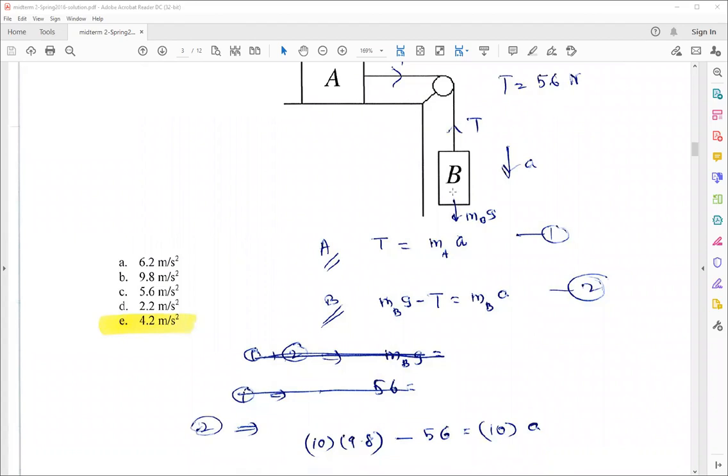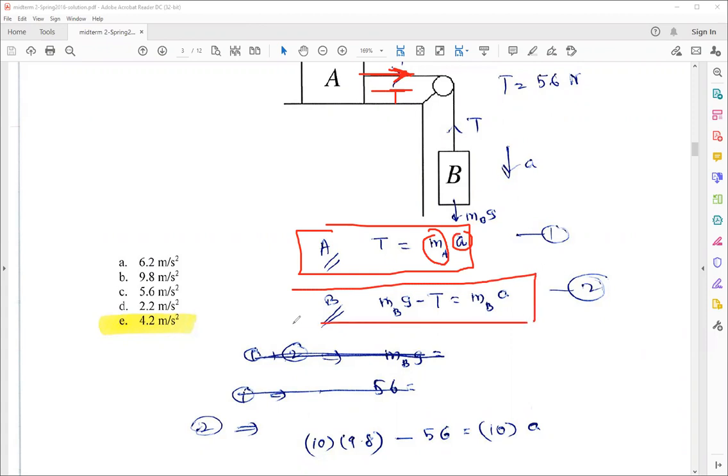Now, Newton's second law for block A, okay, moving horizontally, so the only force acting is the tension. Okay, so this is a tension acting on block A. So the net force will include here for block A only tension, and it's equal to mass of block A times acceleration. Now for block B, same idea.